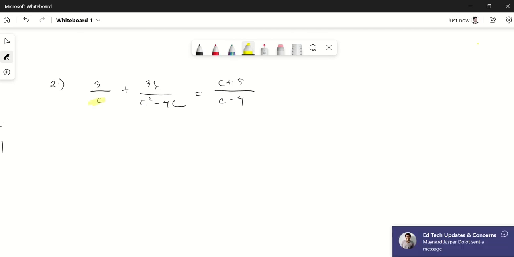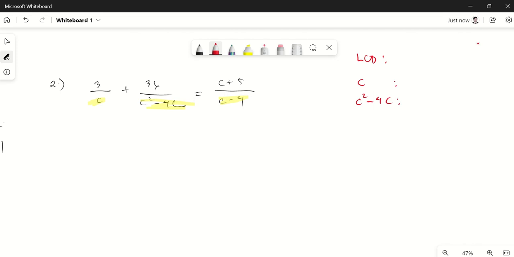The denominators here are c squared minus 4c, and c minus 4. For c squared minus 4c, you can still factor this by finding first the GCF, that's c, and if you factor that out, you have the remaining factor of c minus 4.